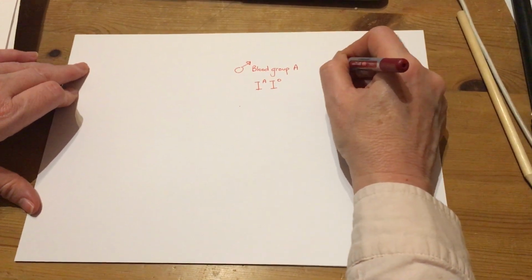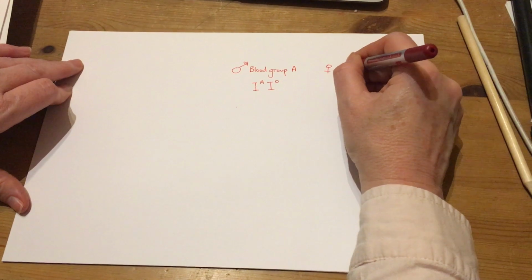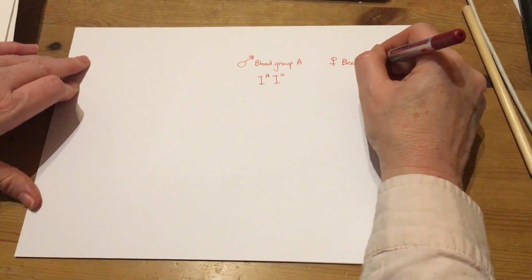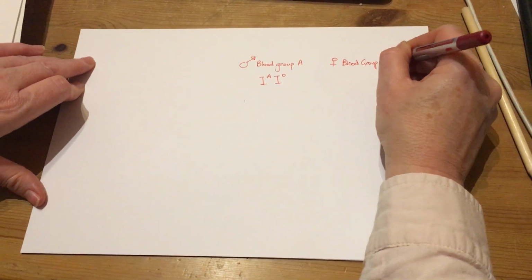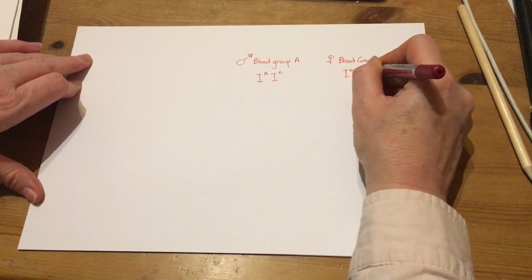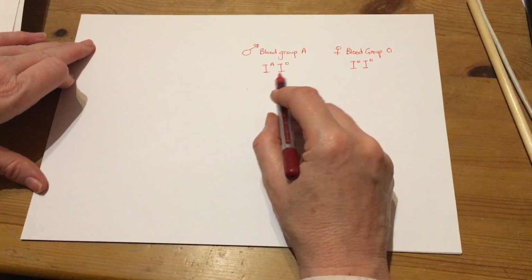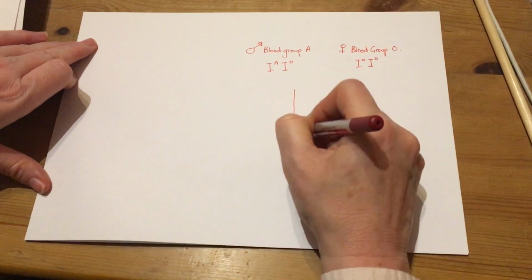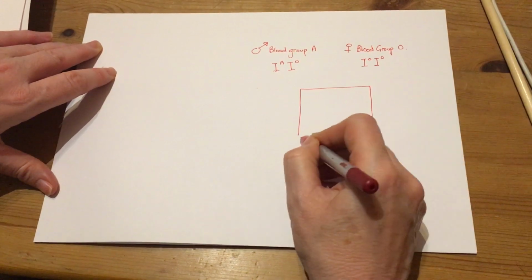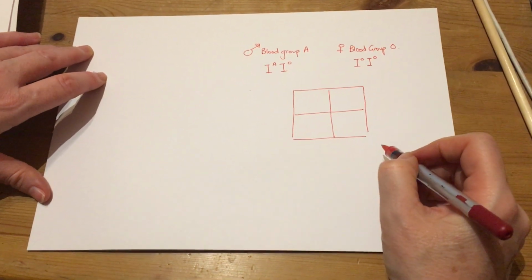And he is married to a female with blood group O. She only has one option for her genotype, so it's IO-IO. And let's show what their gametes are in a Punnett Square and see what the possible options are for the blood groups of their children.